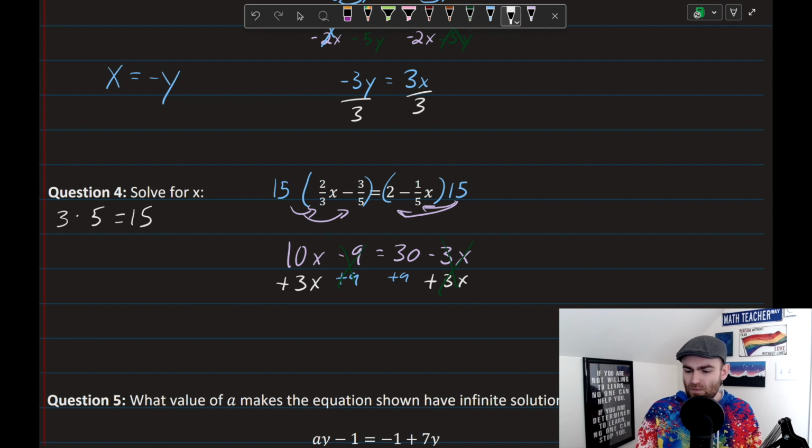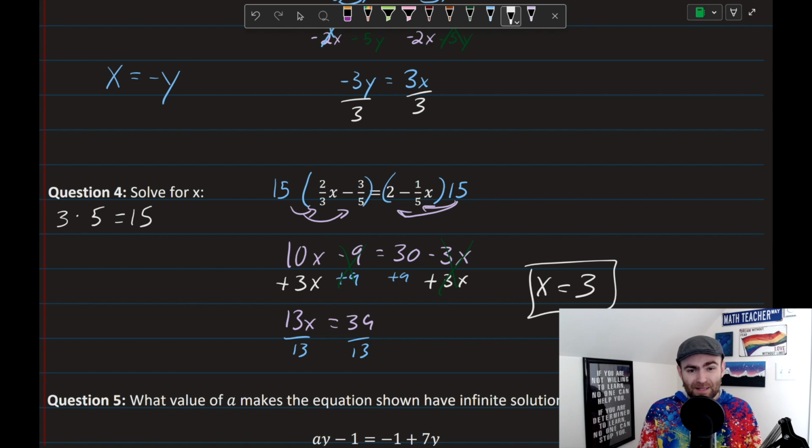That leaves us with 13x is equal to 39. How do we simplify? We divide by 13. So x is equal to 3. Not that bad.